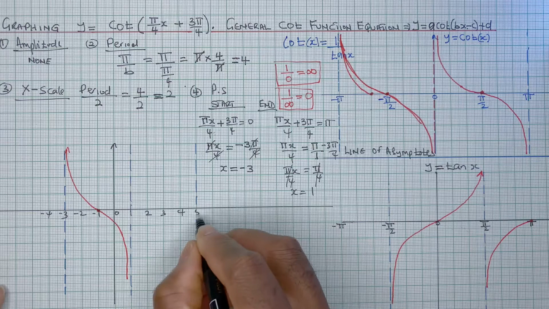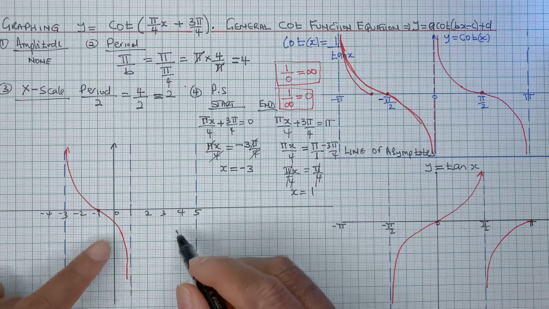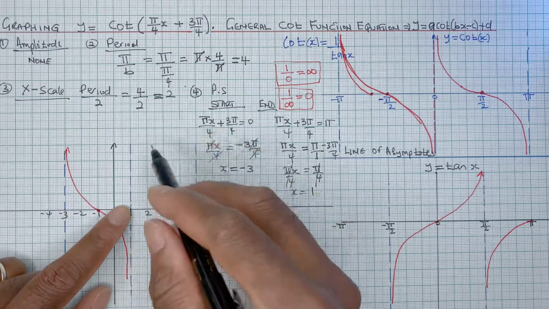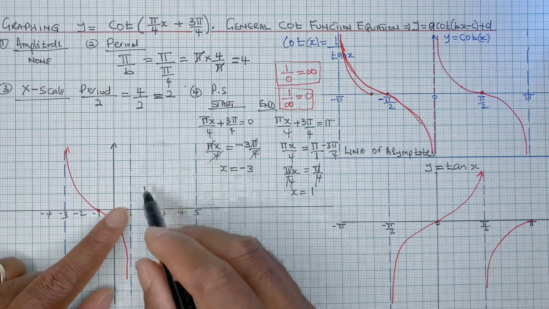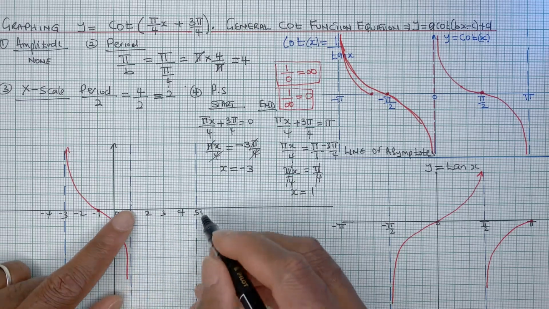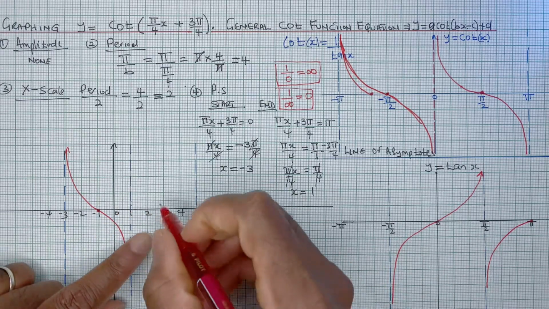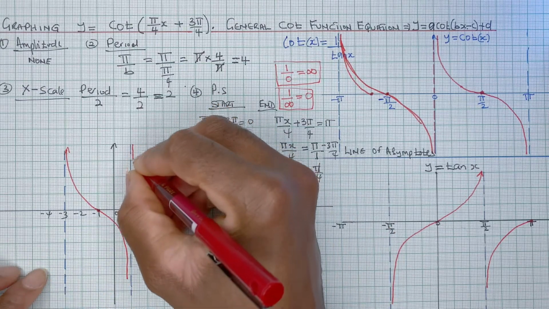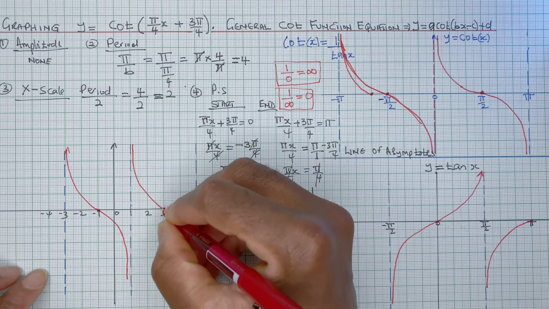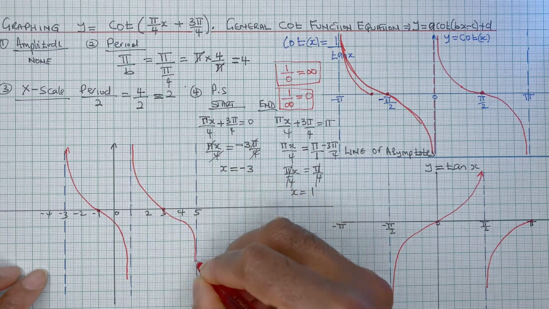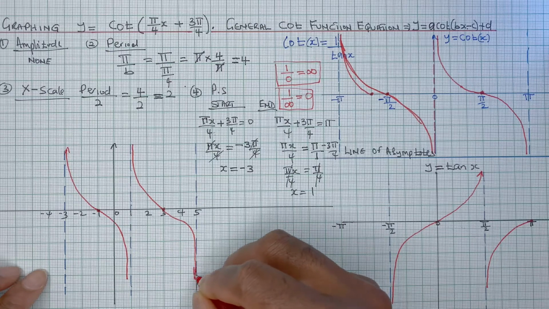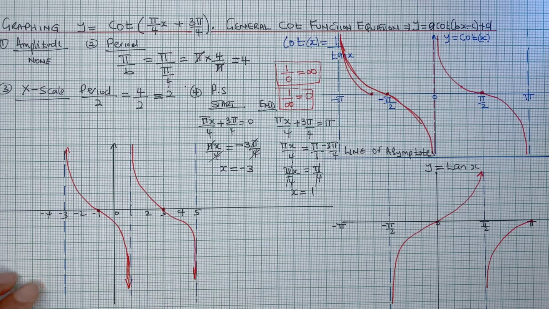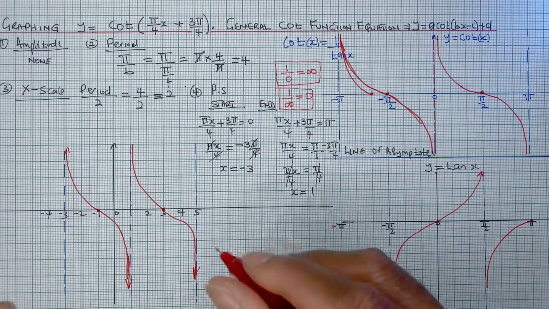Again, you're going to have to add 2 to that to go to the next. So you add 2 to 1, that will be 3. So the next intersection is 3 here. And the curve will be coming in from there, through there, and approaching the line of asymptote.